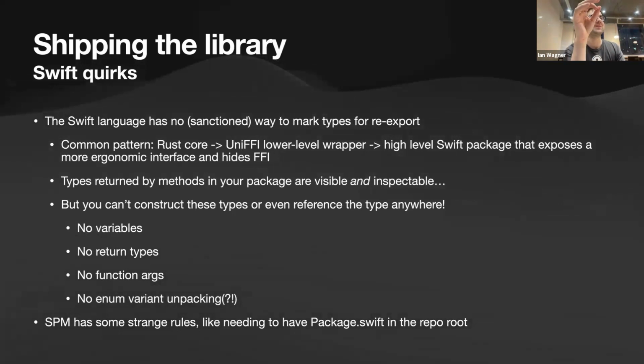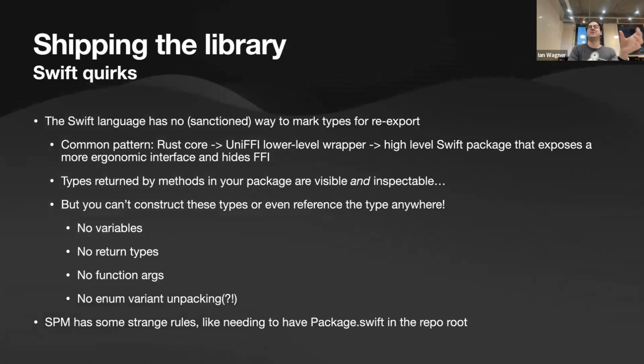But I can't actually construct a route. I can't say let route equals foo with a type associated with it. I can't specify this is an actual route. I can't even accept it as a function argument. I can't unpack enum variants. The type is still there, it's just that you can't actually use it for anything. So it's a big problem with Swift.